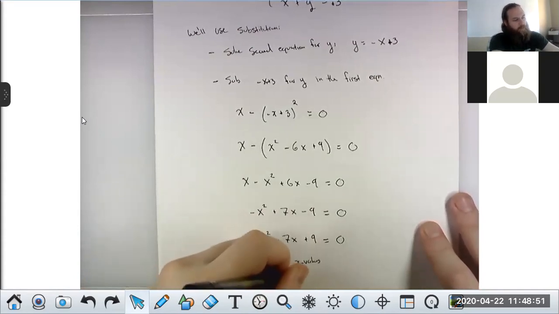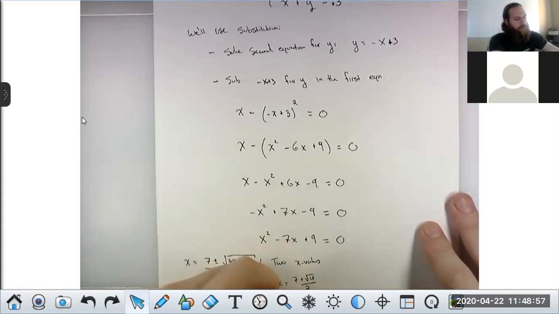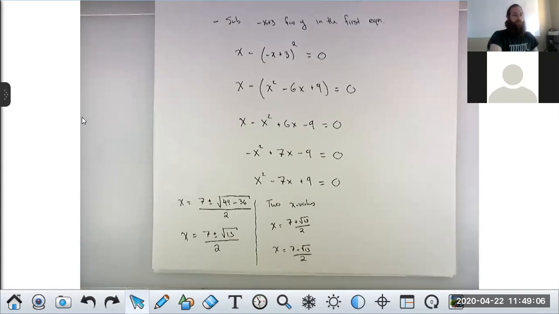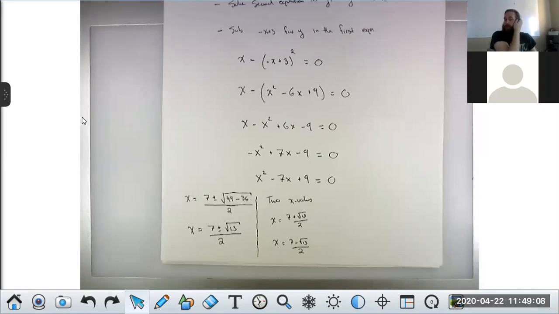X equals (7 plus the square root of 13) over 2, and x equals (7 minus the square root of 13) over 2. But remember, the solution to the system should be an ordered pair, an x value and a y value. So here, I think there will be two solutions.